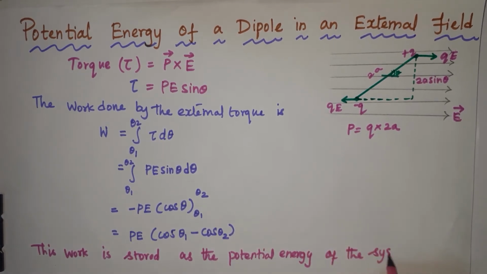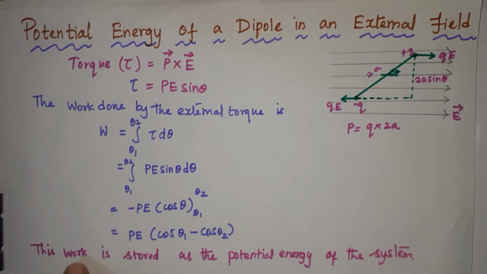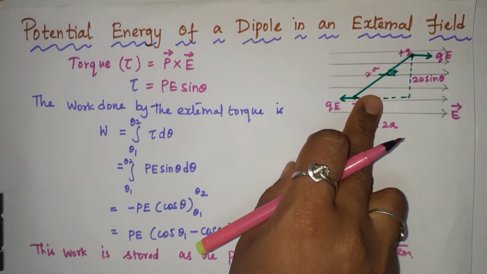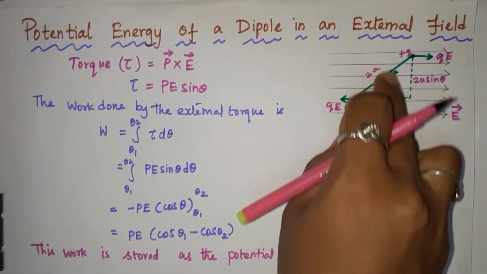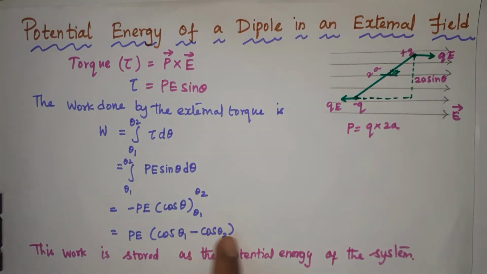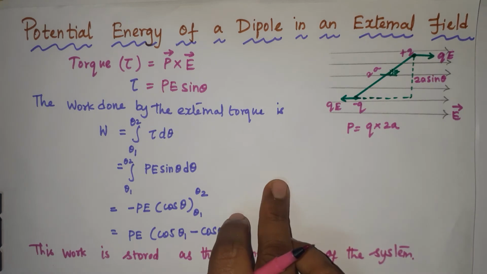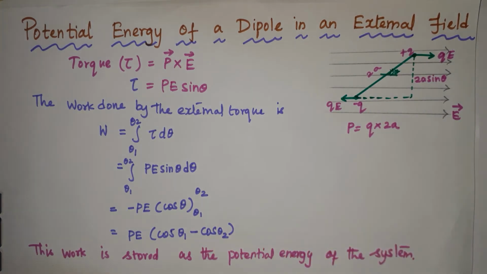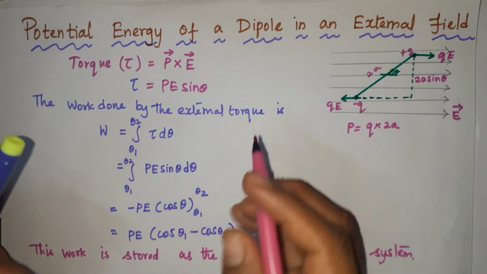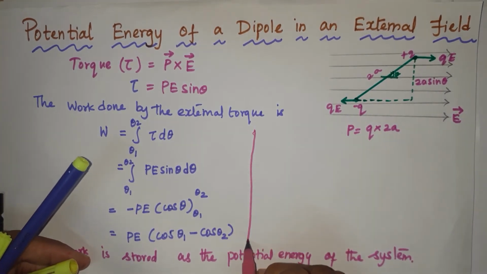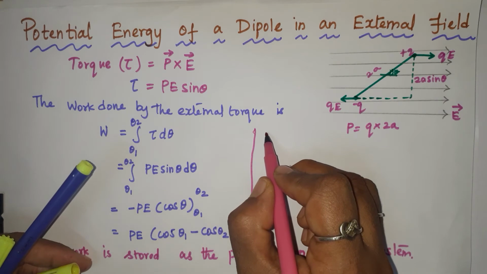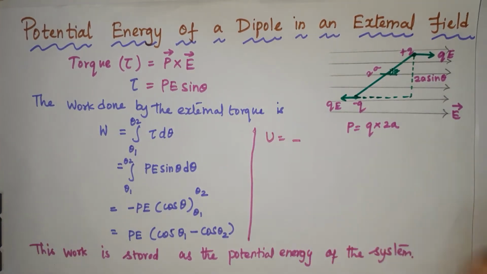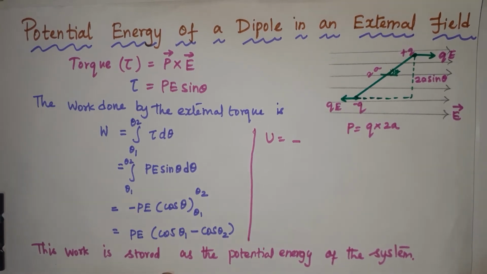Taking the work done in rotating the dipole from a direction perpendicular to the field to the given direction, the energy of the dipole in an electric field, for the cases, can be written as follows. Potential energy is U, and when work is stored as potential energy, W equals U.